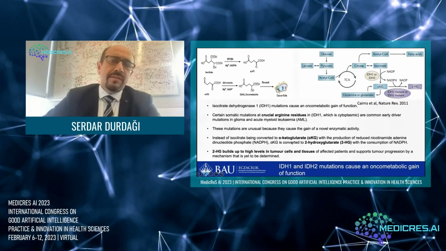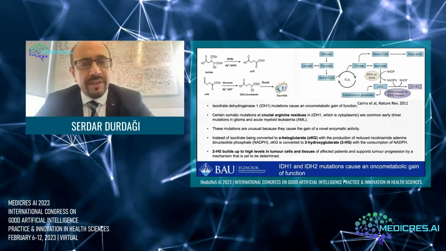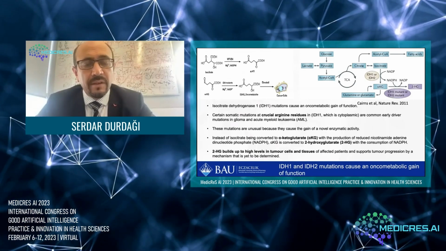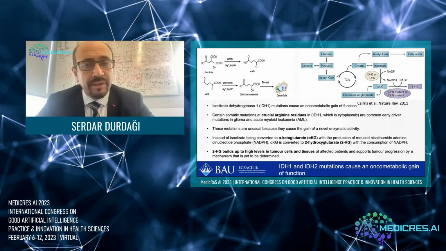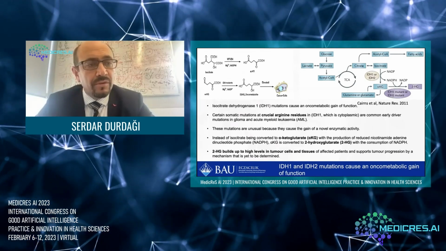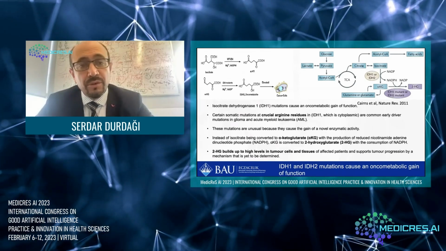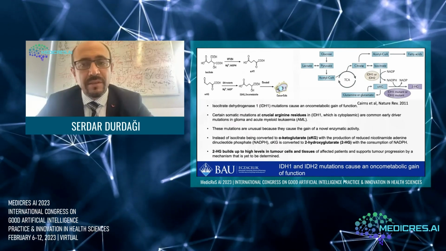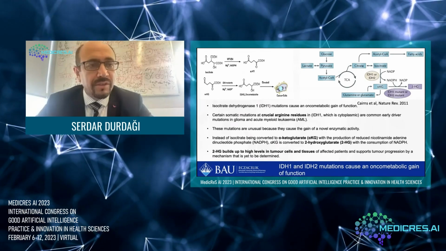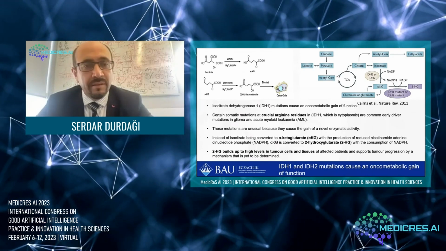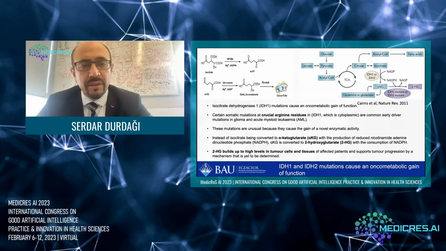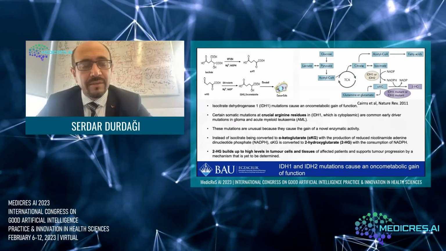So in this disease, mutations in one of the enzymes, called IDH1, isocitrate dehydrogenase 1, cause an oncometabolic gain of function. Certain somatic mutations at crucial arginine residues in IDH1, which is cytoplasmic, are common early driver mutations in glioma and acute myeloid leukemia. These mutations are unusual because they cause the gain of novel enzymatic activity.